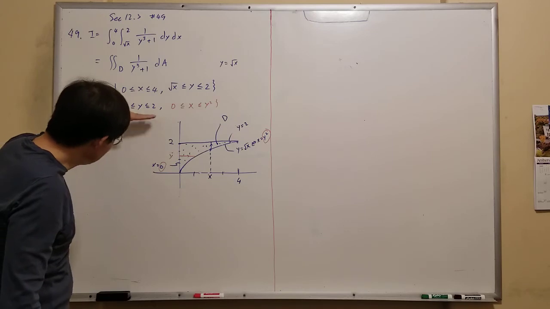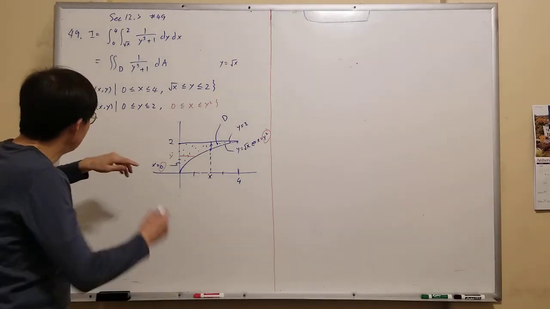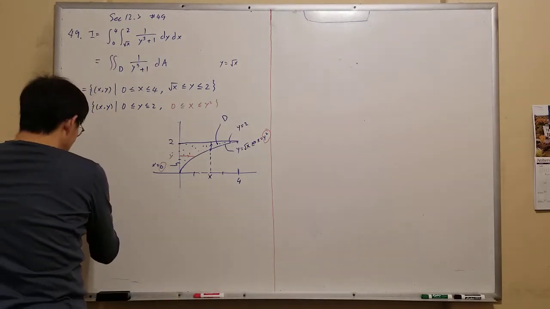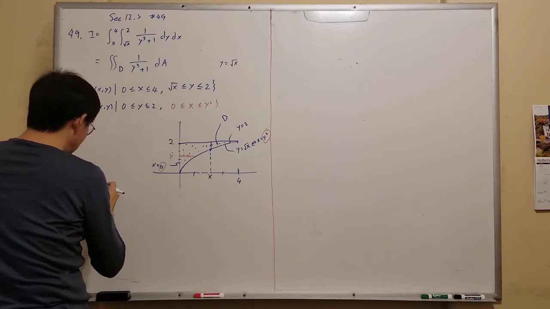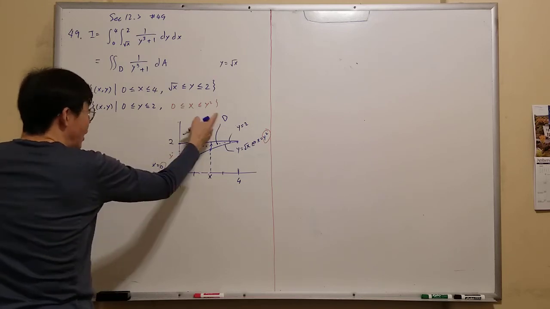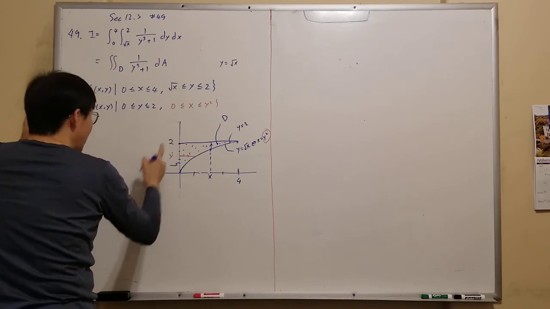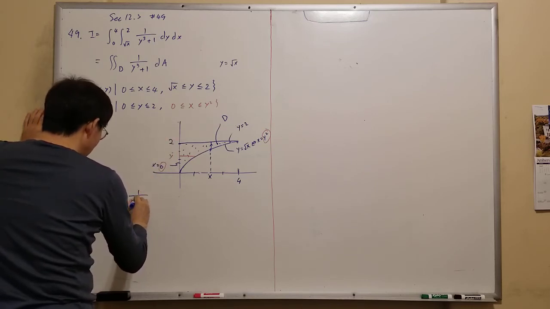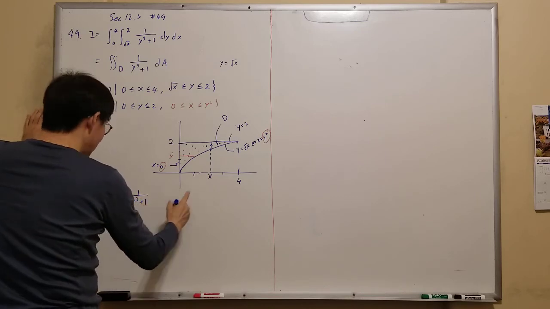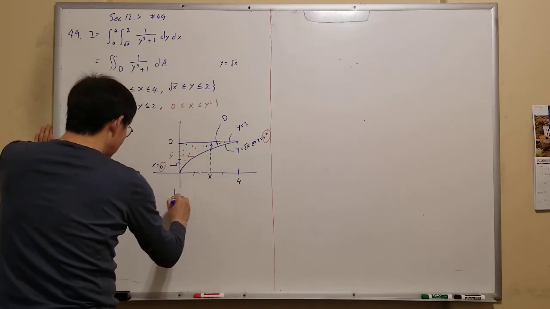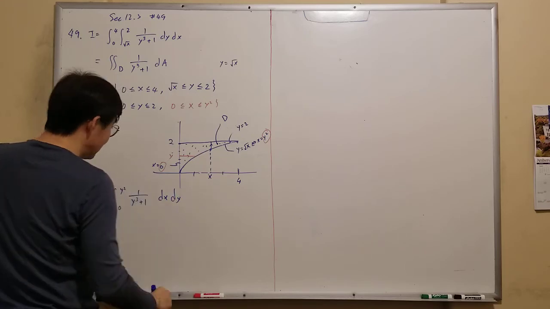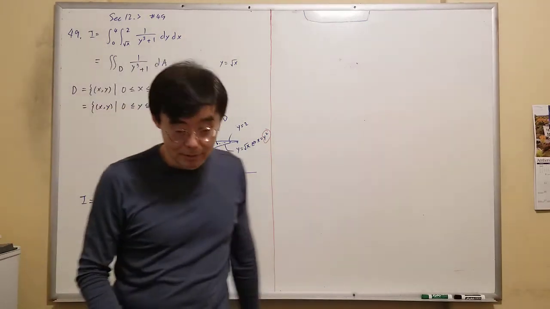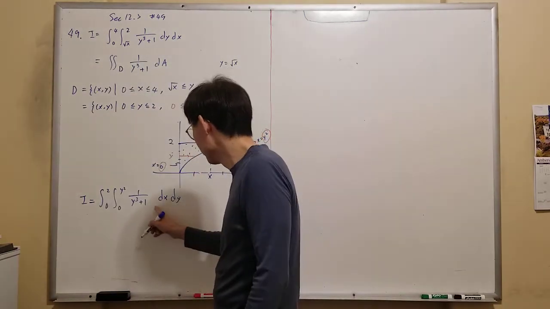Then, according to this analysis, we can rewrite this double integral as type 2. Y runs from 0 to 2, x runs from 0 to y squared, 1 over y cubed plus 1. Okay, this one is dy outside and dx inside. Okay, now we just solve it.